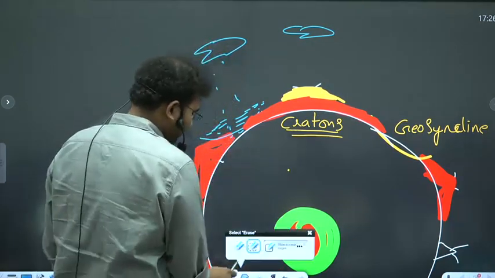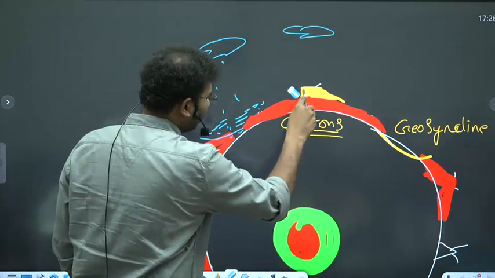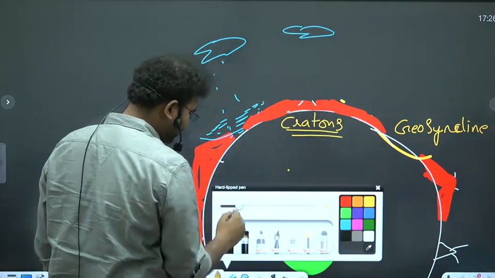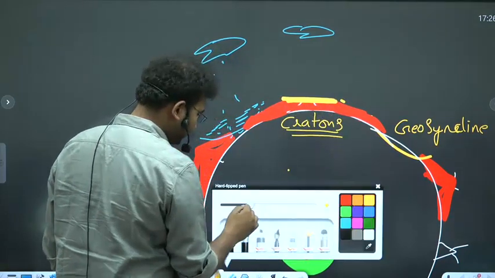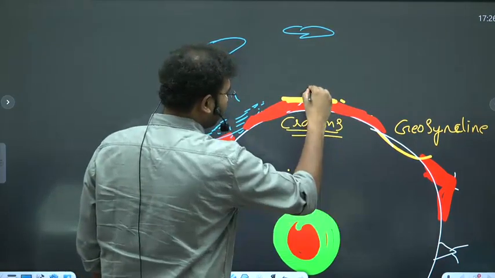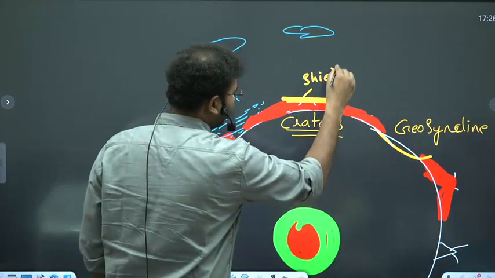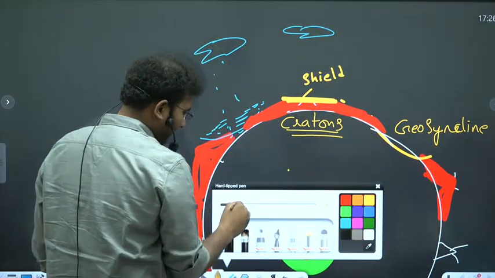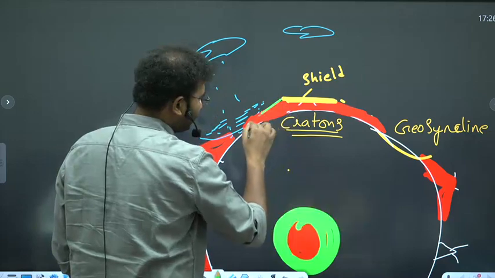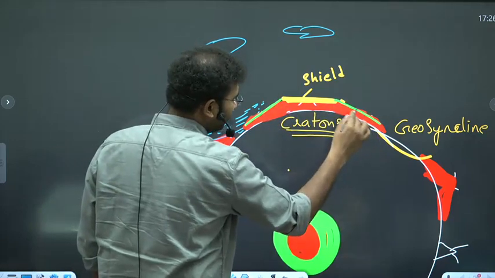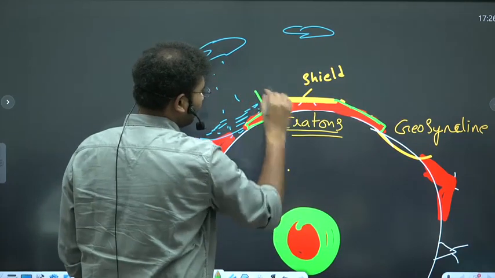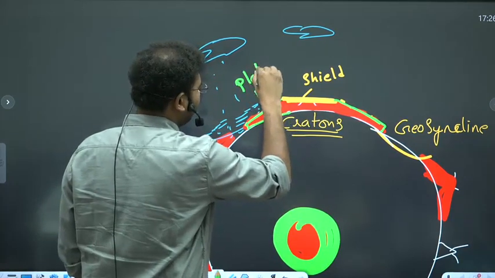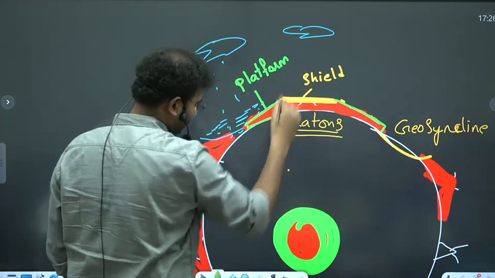So the part of the craton which got eroded, if this is eroded, this we call it as shield. And the platforms or the areas which are present next to the shields, we call them as platform. Okay?